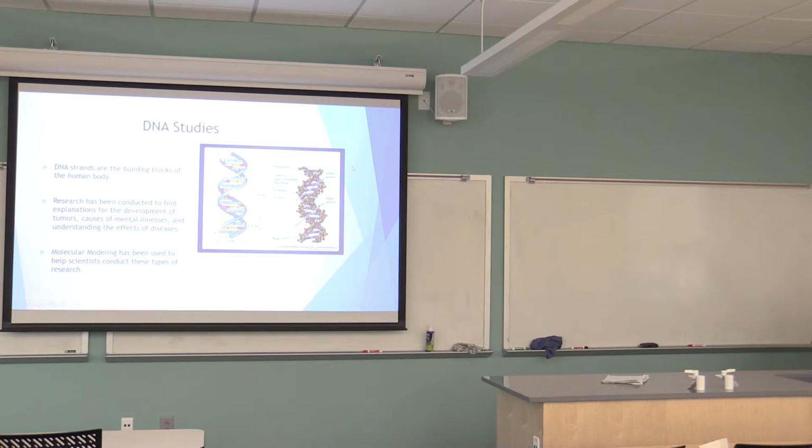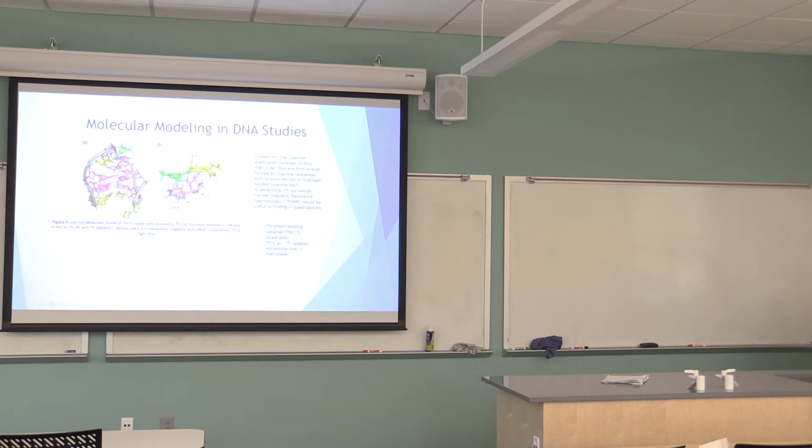Now for DNA studies, this is a very useful tool for studying the molecules within DNA strands. In this study, researchers were looking into quadruplex aptamers in DNA. To summarize, these structures can cause cancer, or are the reason cancer forms in cells, so they were trying to understand how these things form and why they occur.